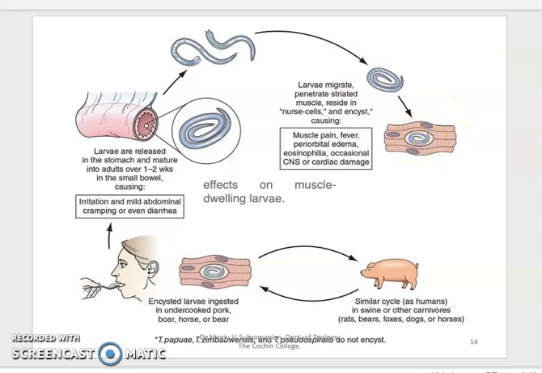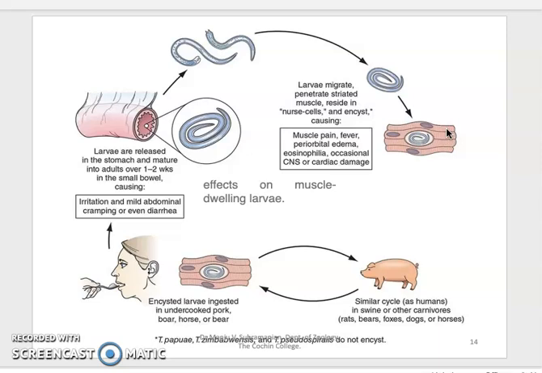If this meat is eaten by another animal, then it gets directly ingested into the body of the other organism. Man becomes infected by eating raw or improperly cooked measly pork. And what is measly pork? If the meat is encysted by this larval form, that contaminated or infected meat is called measly pork.